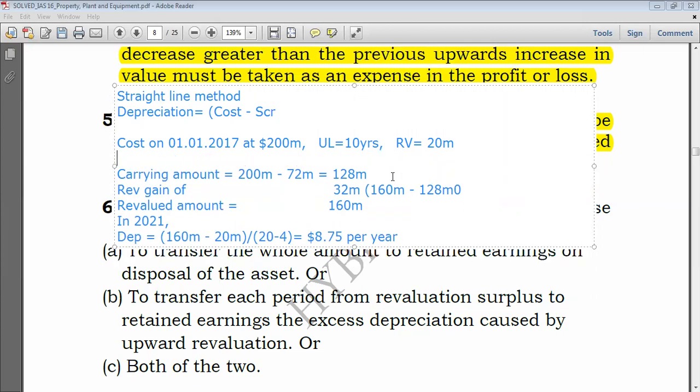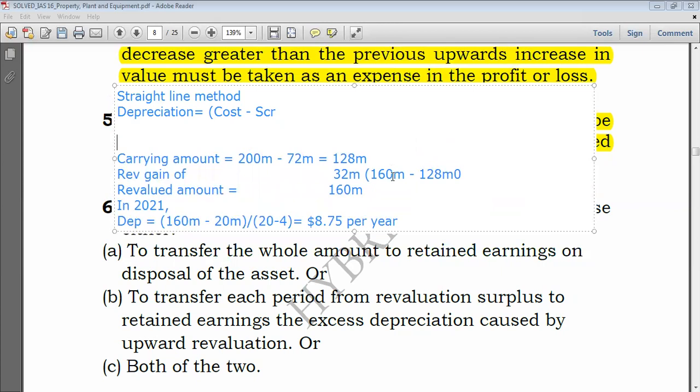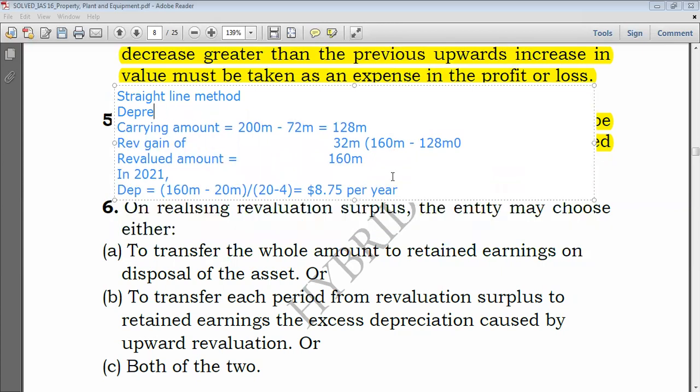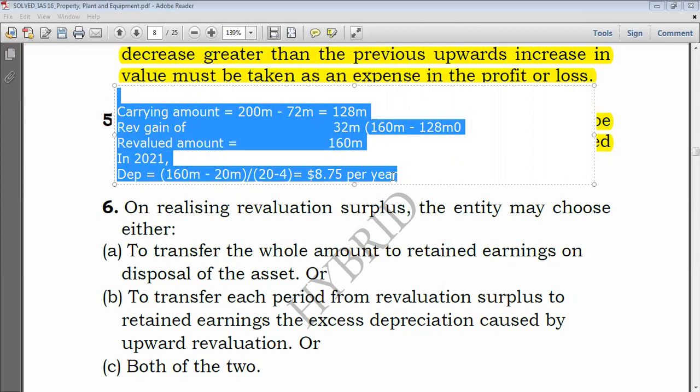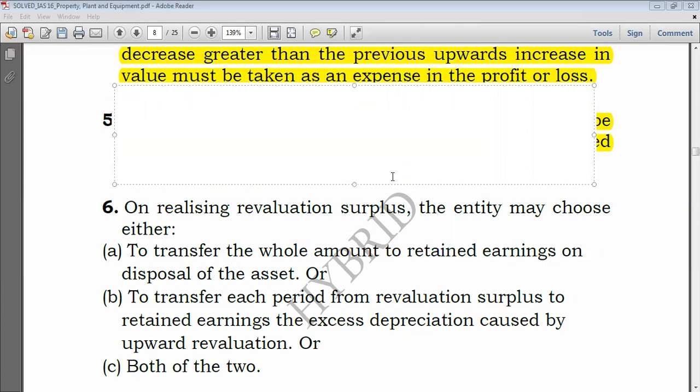If we go to point number 6, we are told on realizing the revaluation surplus, the entity may choose either. When realizing the revaluation surplus, there are a lot of things that can be done. Revaluation surplus is an unrealized reserve.